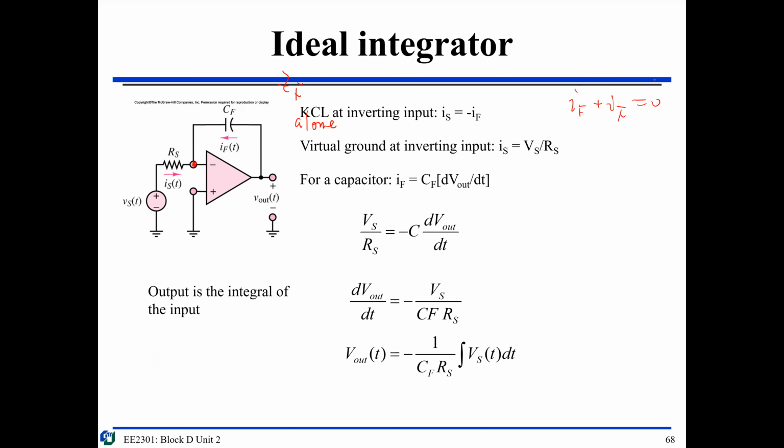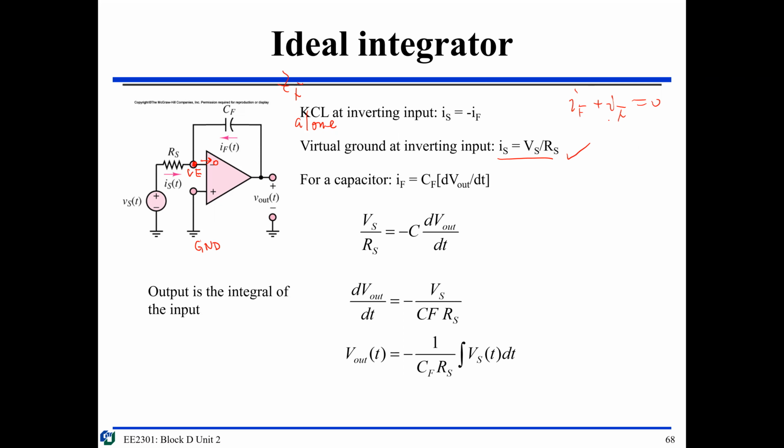Why? Because this is an ideal op-amp. The current flowing into this is 0. So virtual ground. So this is a ground. This is actually VE, the virtual Earth. Because of that, IS is VS divided by RS.